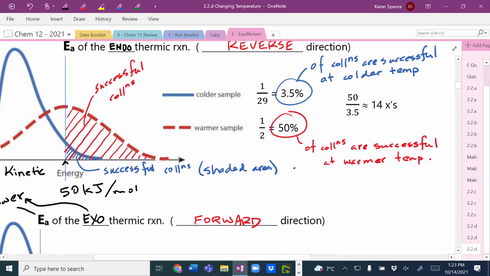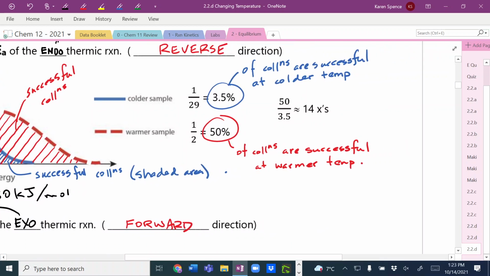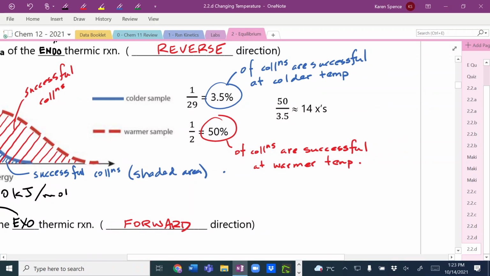So now we're going to say, how many more collisions do we get at our warmer temperature? I want to figure out how many times more collisions we're getting at the warmer temperature than at the colder temperature. If you take that 50% and divide by the 3.5%, you get 14 times.